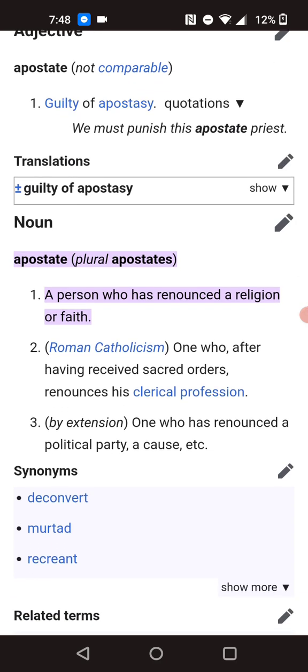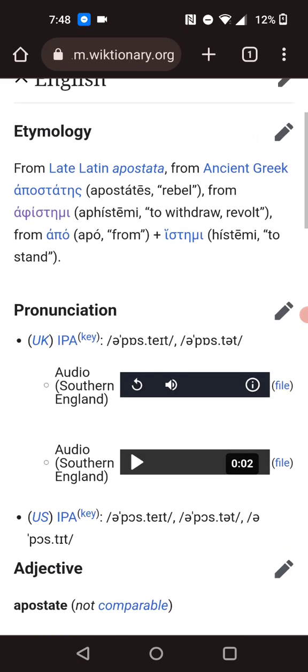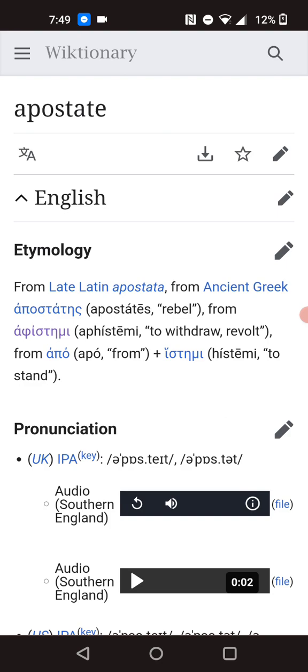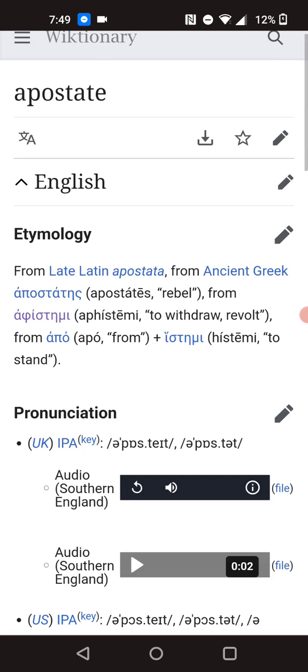A person who's renounced. So we're going to go back to this, right? It goes back to apostate, from histemi, to stand. So apostle and apostate are two opposing words, but basically mean similar things. Apostle is one to be sent out, but you're with them, so you send out someone who's a delegate or a messenger of you, right?